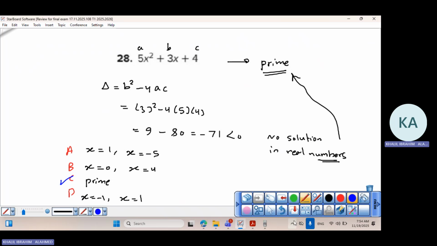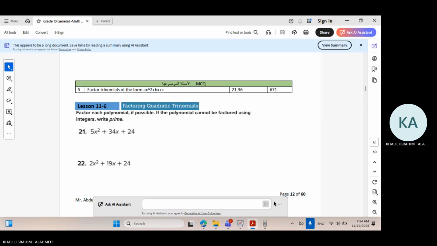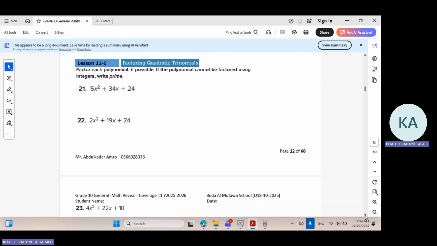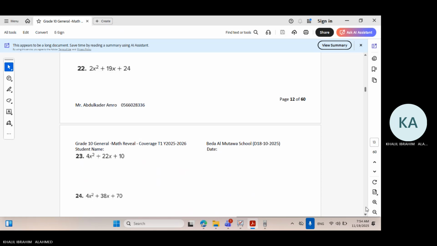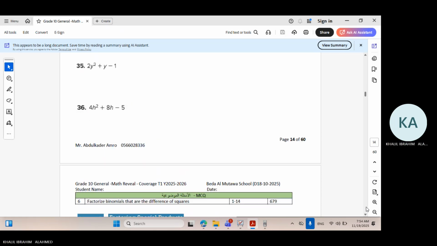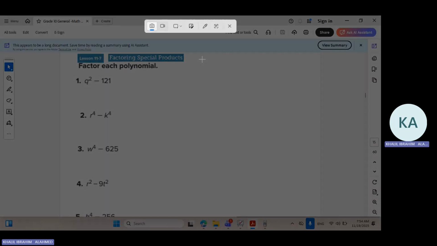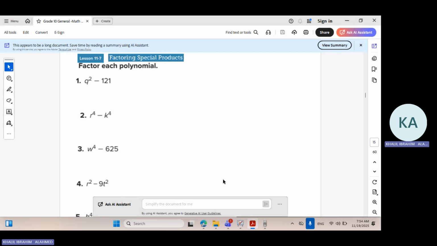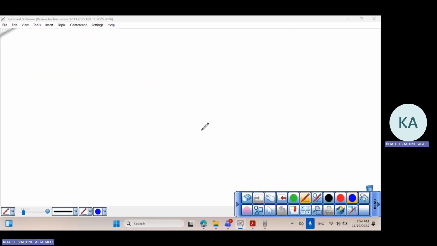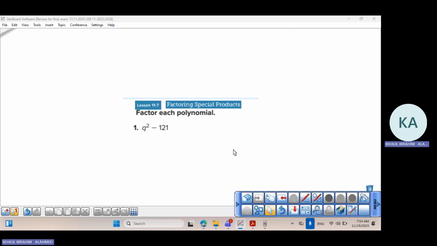Okay, let's move to the next question. Next question, as you see here, yes, this is a special product. Question 1: q squared minus 121. How to factorize this?